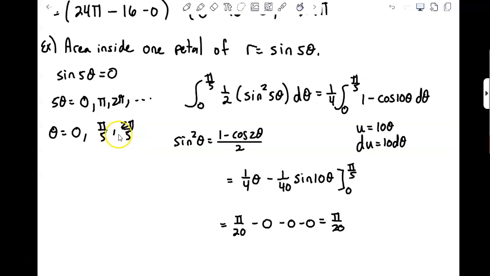Between the next two 0 values, that would be my next loop, and so on all the way through. From that I was able to set up my limits. Use this common substitution here: sine squared is 1 minus cosine of twice the angle over 2. Remember, if it was cosine squared, it'd be 1 plus cosine of twice the angle over 2. Okay, and then we were able to work out our area.